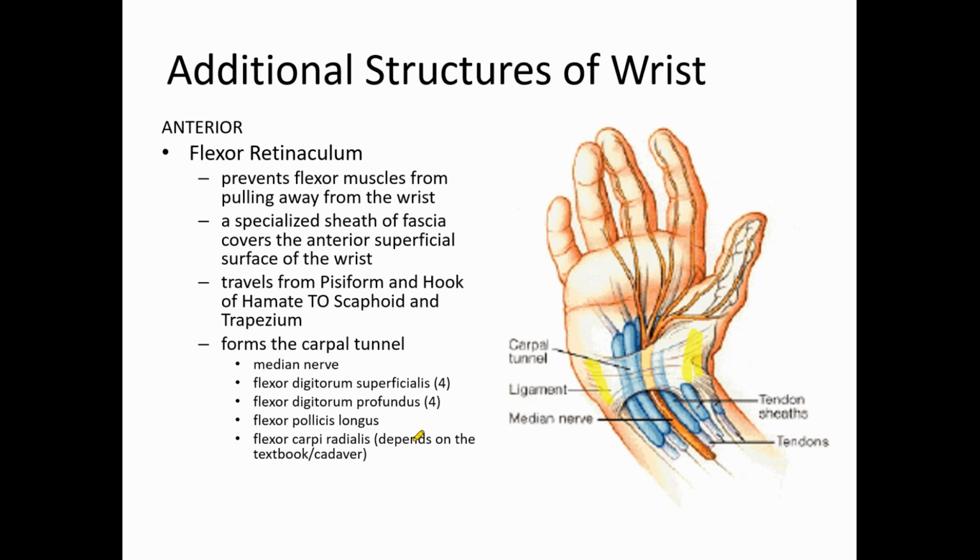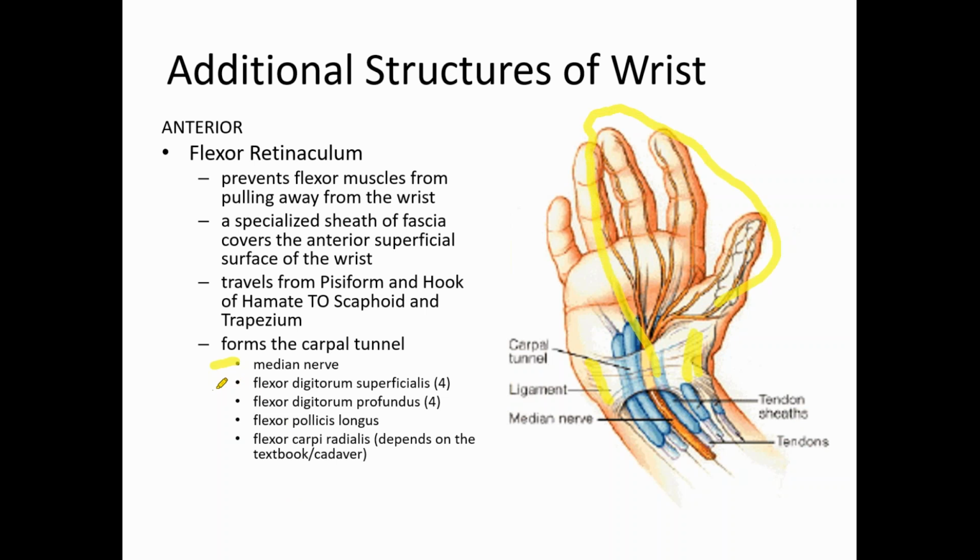And that forms the top or the cover of the tunnel. And then the bottom of the tunnel is your carpal bones. And through the tunnel goes the median nerve, which innervates your thumb, index finger, middle finger, and half of your ring finger.